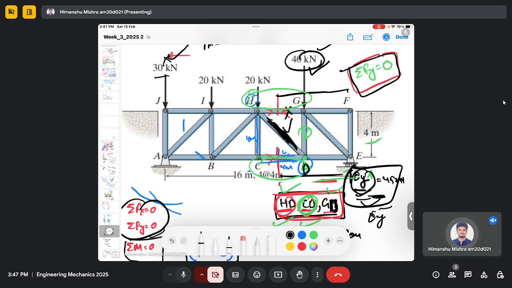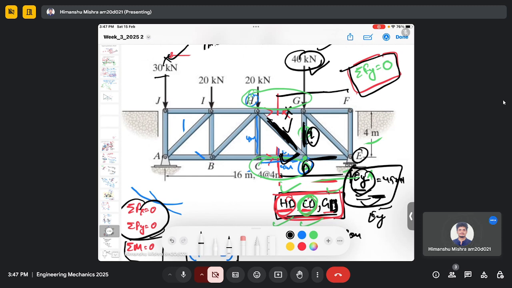Here I already know the force. I already know this force also. I have to find the force in GD here. I don't know the force here, because if I use the method of joints, in the equilibrium equation I have to consider this force also, right?